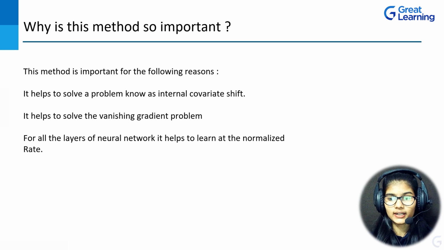The very first one is that it helps you solve a problem known as internal covariate shift. A new term is introduced here. What is it first of all? Let me explain in detail.